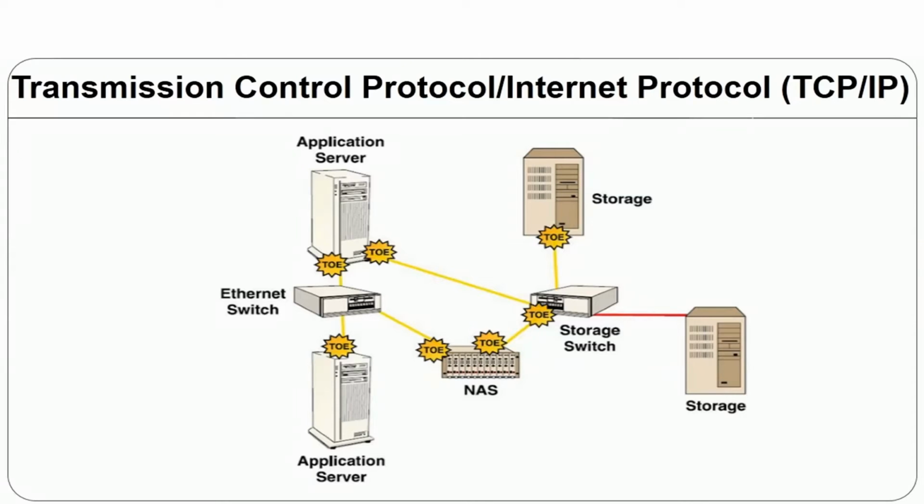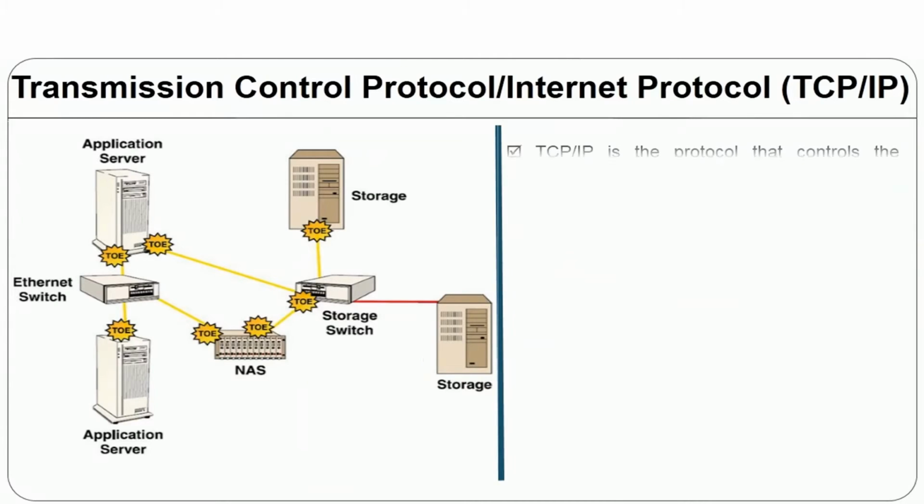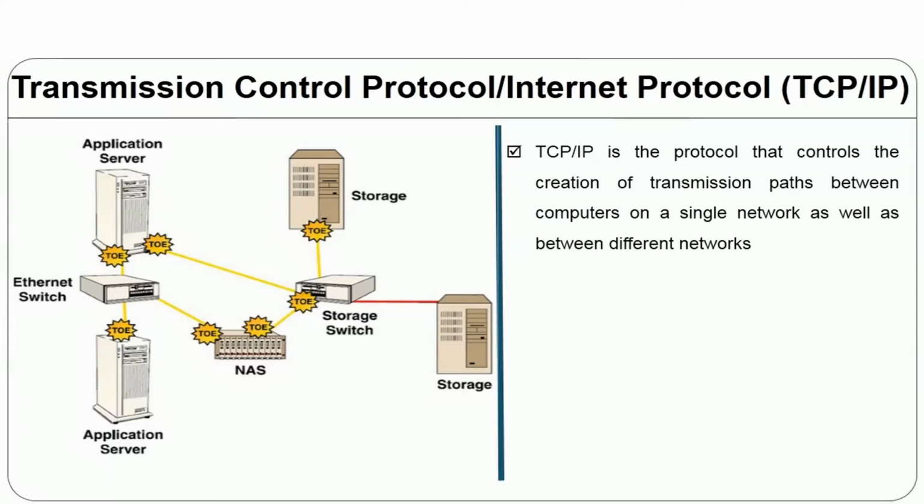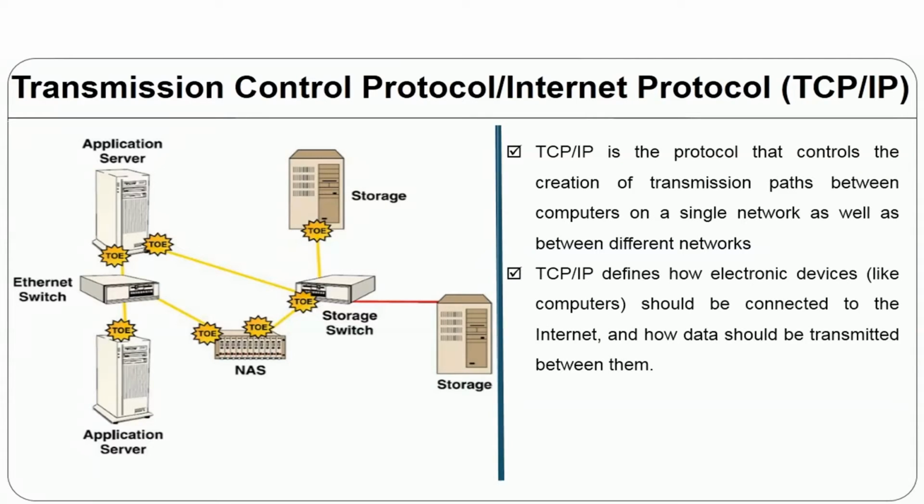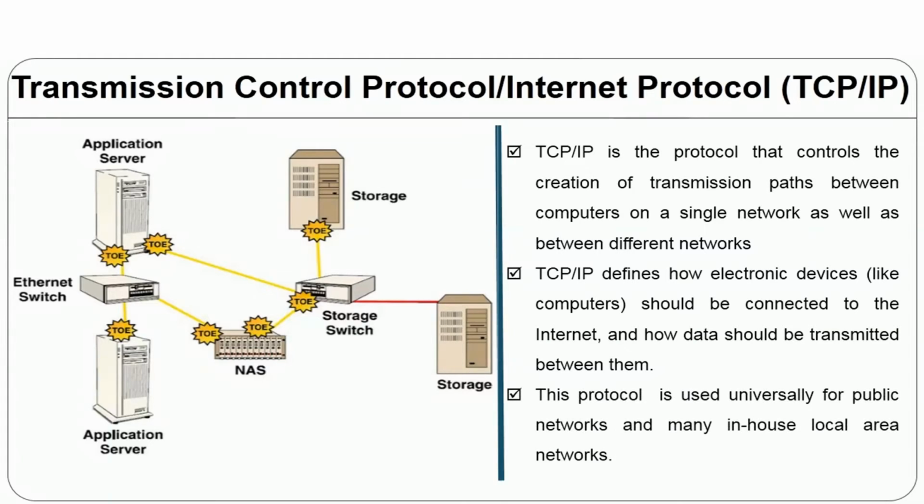So TCP/IP is the protocol that controls creation of the transmission path between computers on a single network and different networks. TCP/IP defines how electronic devices like computers should be connected to the internet, and how data should be transmitted. This is used as a universal protocol for public networks and many in-house local area networks.